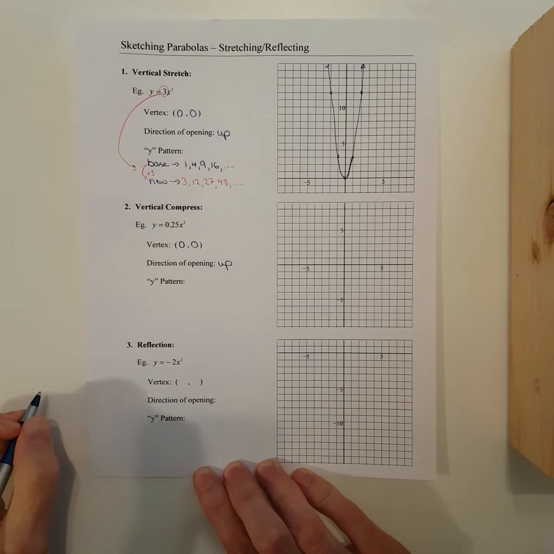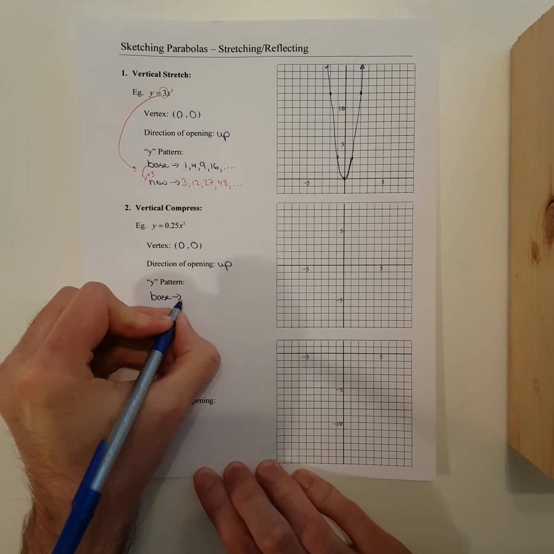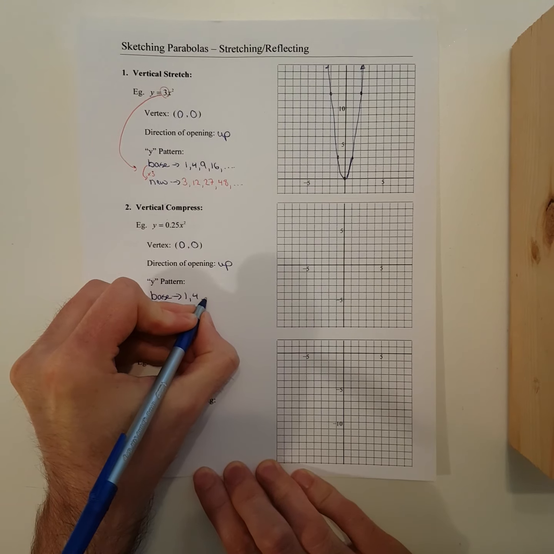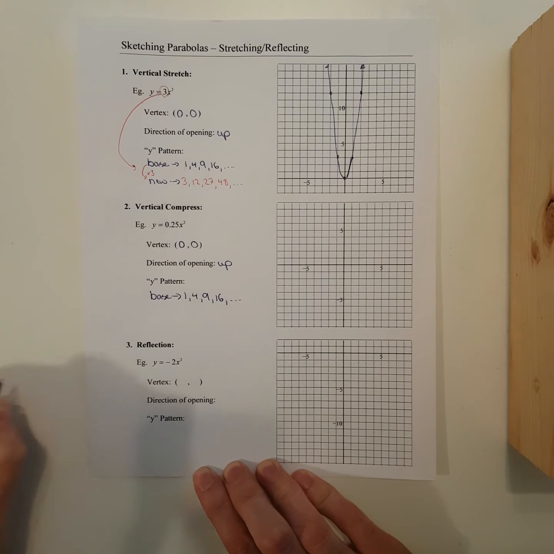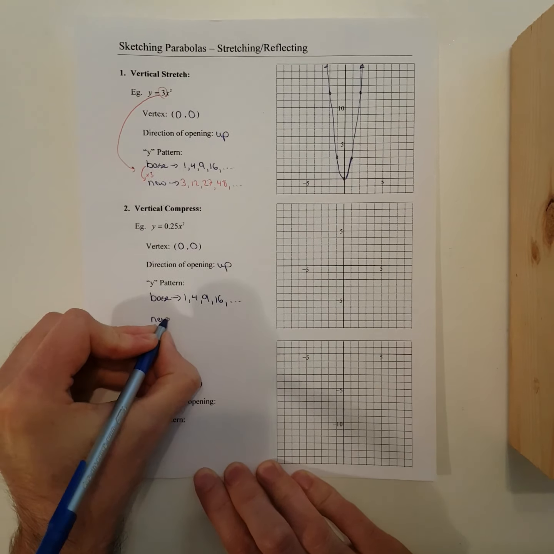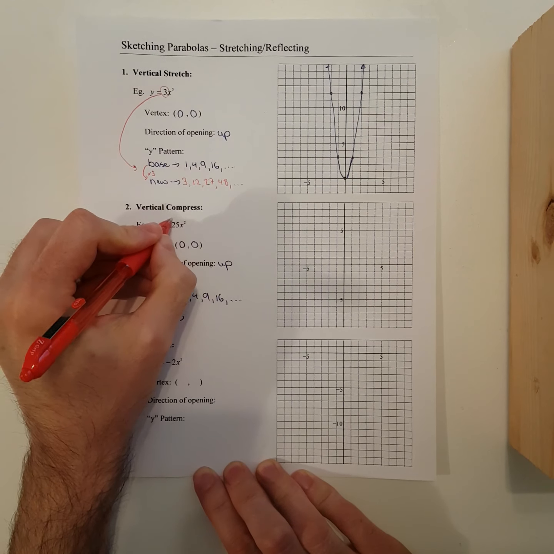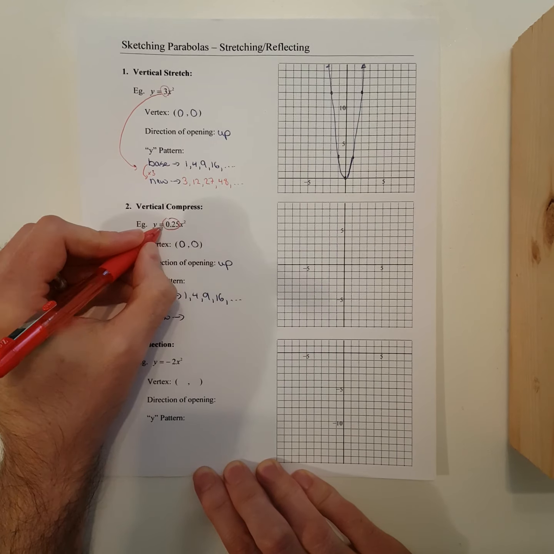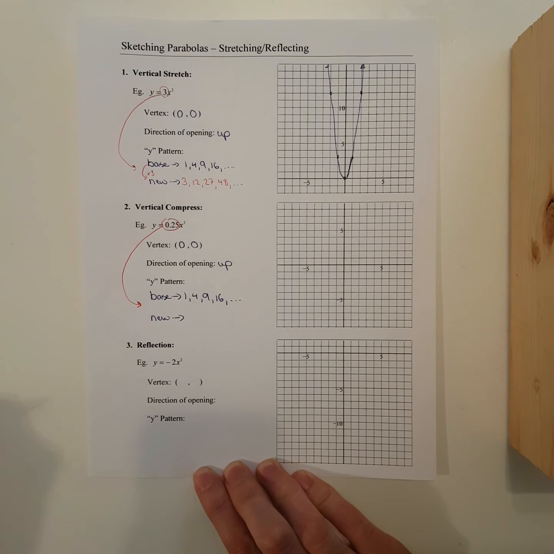In our base parabola, we have our y pattern 1, 4, 9, 16, and so on and so on. So our new y pattern, and this is where we apply this the exact same way we did in our last question, we take this 0.25 and we are going to multiply. Now, if you need to use your calculator to do that, that's fine.